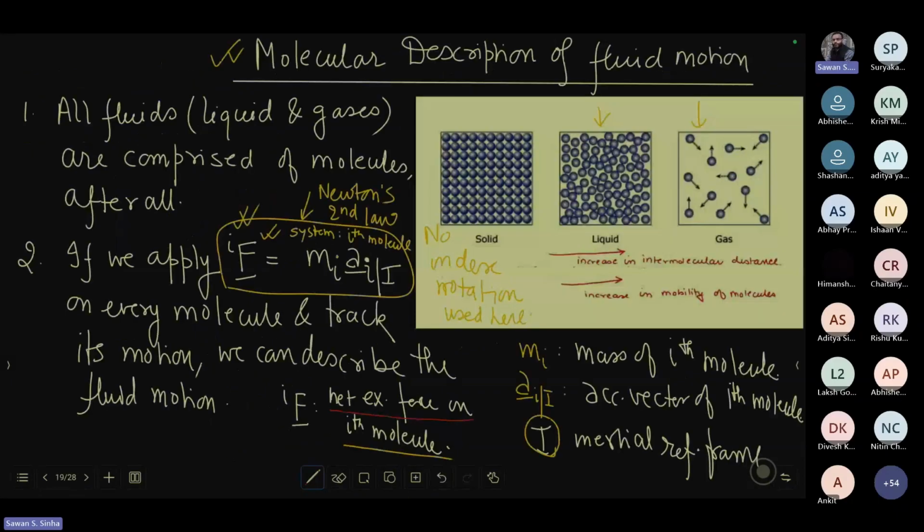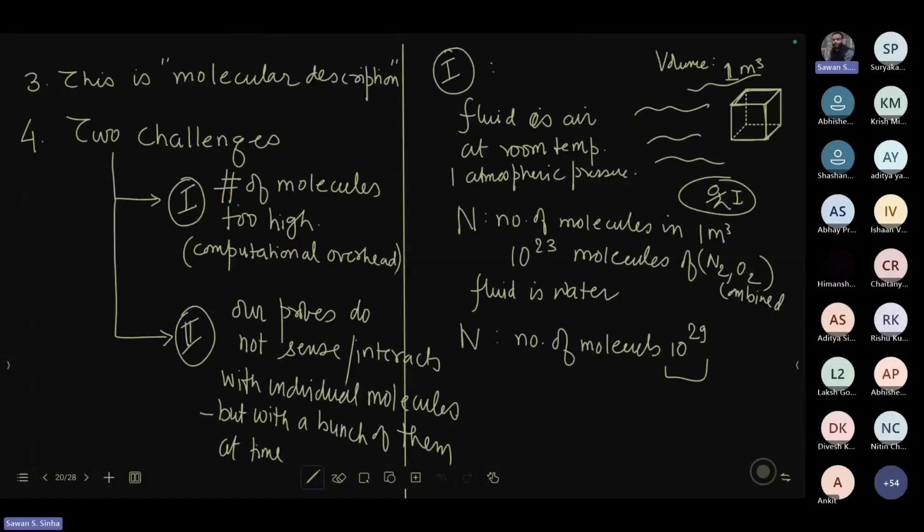Even if I track them on a computer, or theoretically, if I have to perform experiments, or when my engineering system is actually interacting with the fluid flow, we are not going to sense individual molecules at all. We are going to sense a bunch of them. All right. So because of these two reasons, we do not like molecular description. We have to think of something else.